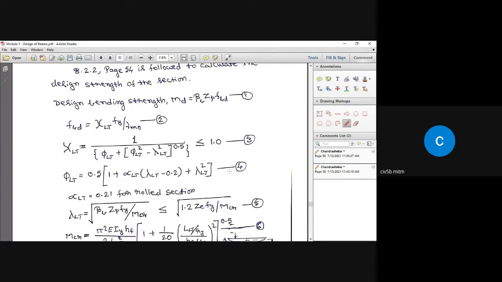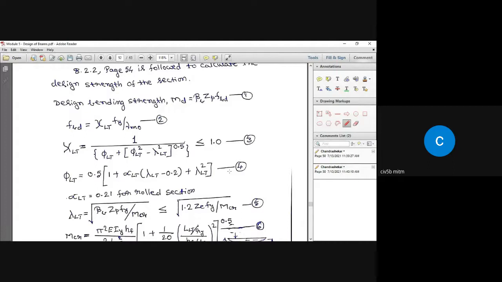So ours is a prismatic member of standard rolled section. That's why we are going to make use of MCR equal to pi square E I_y h_f divided by 2 L_LT square, and substitute all the values to get MCR.